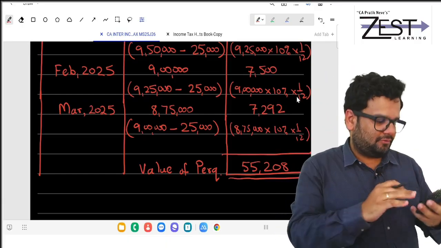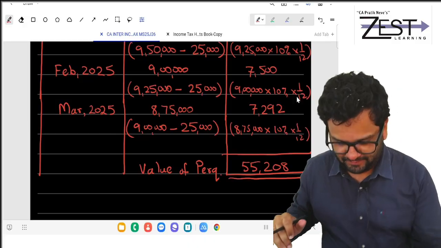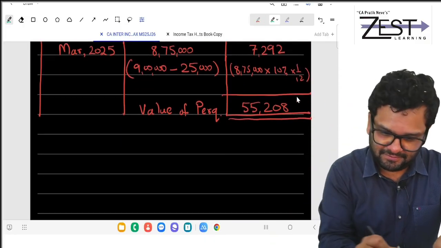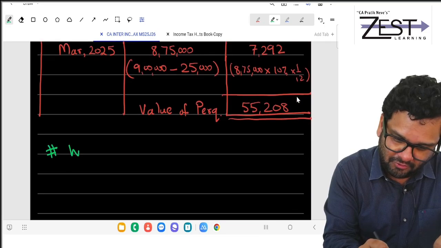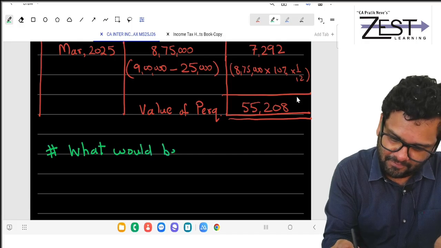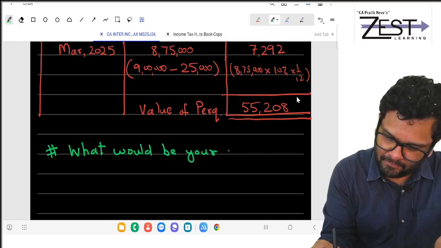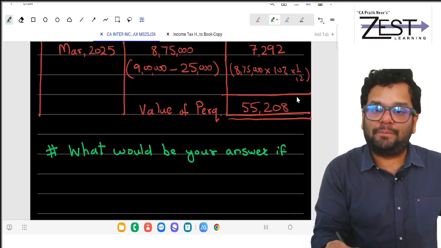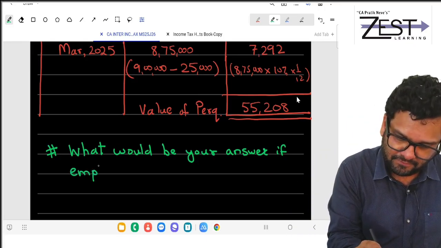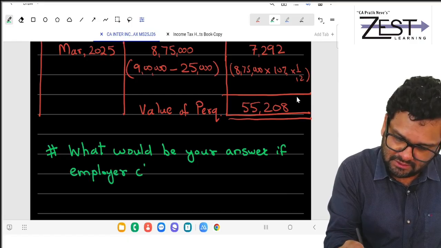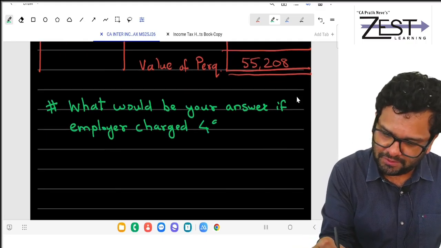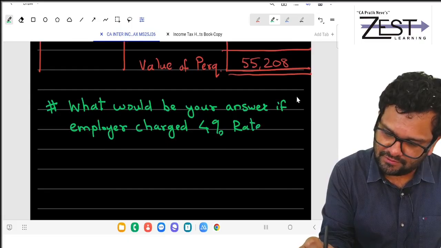Now you can make sense of what was given in the procedure. What would be the answer? What would be the answer if the employer charged 4% rate of interest?